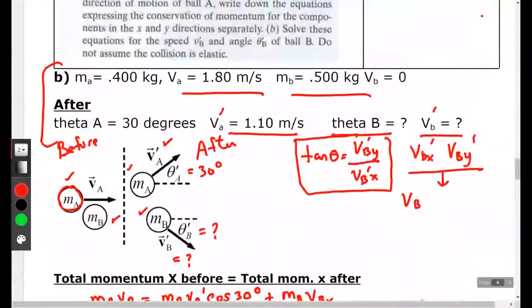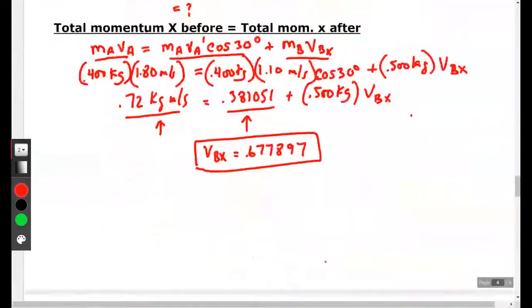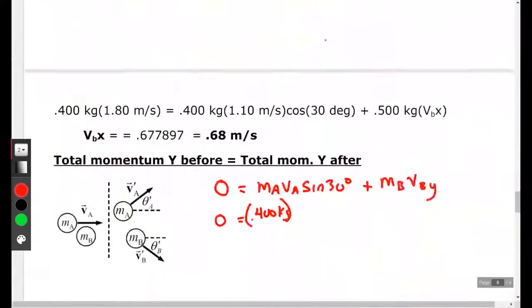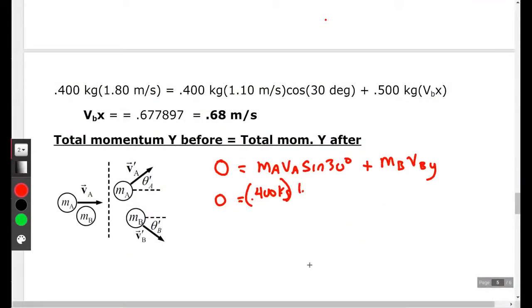The VA after is 1.10. Yeah, good. That's okay. 1.10 meters per second times the sine of 30. And let's see if I can remember. I think this is actually 0.50 kg. And what we want to find is VBY.